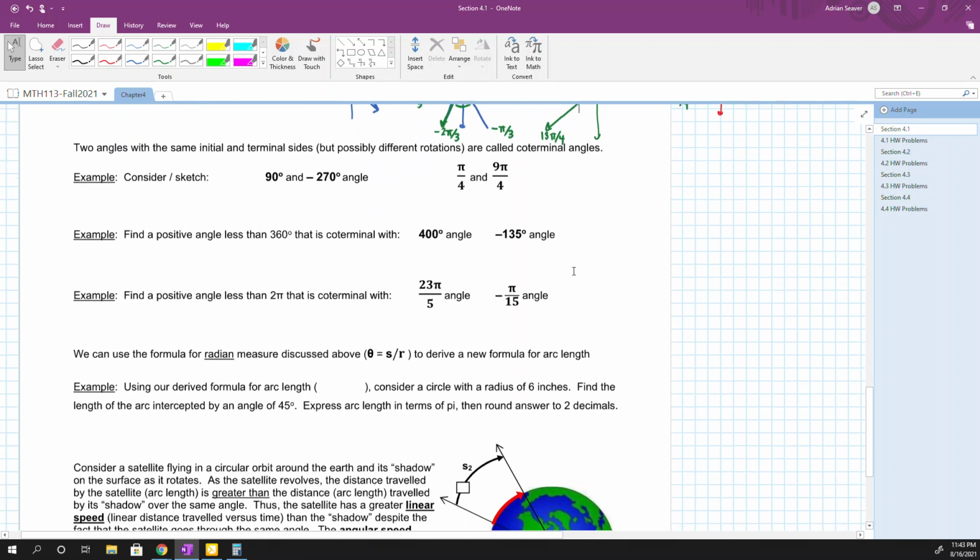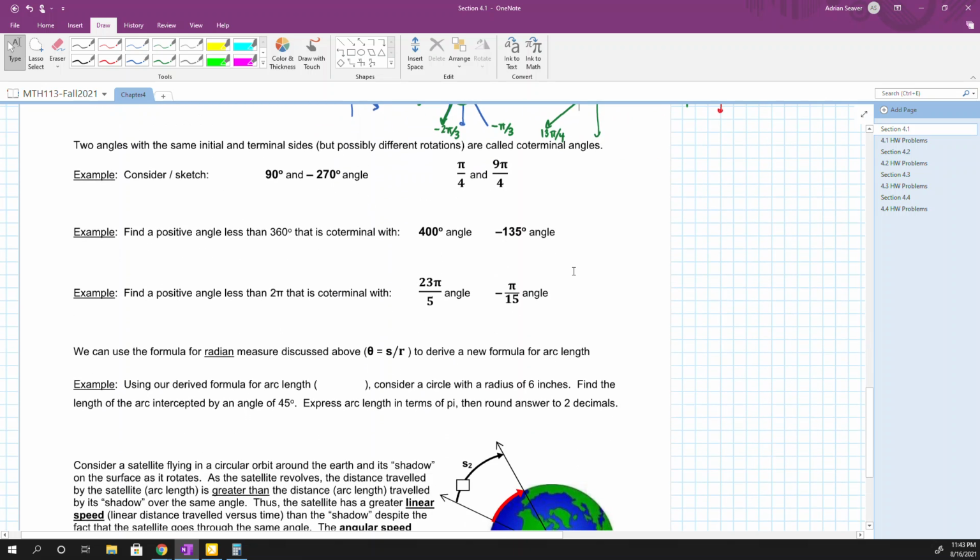Two angles with the same initial and terminal sides are called coterminal angles, but you might get to those in different ways. A 90-degree angle, for example, is this angle here.